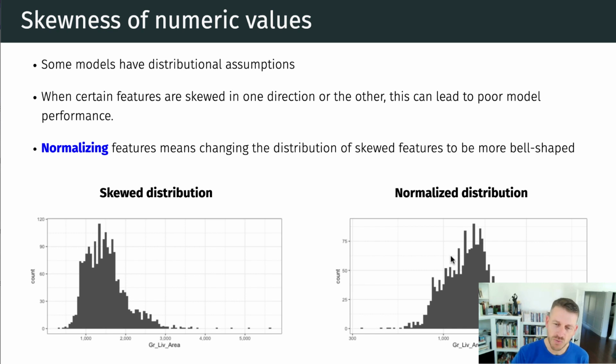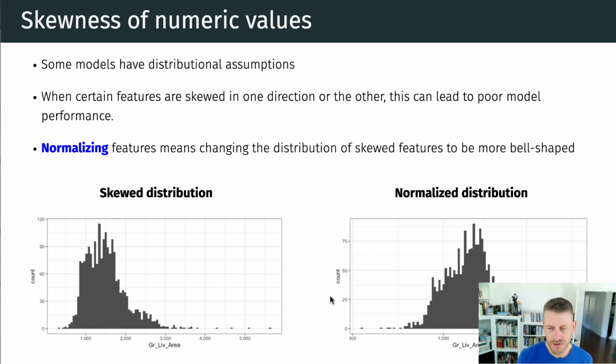Okay, this is what we'd like our features to get to. We call this normalizing. It's normalizing features that change the distribution to be not skewed one way or the other.